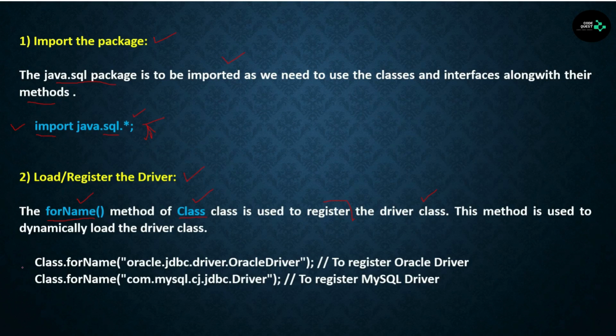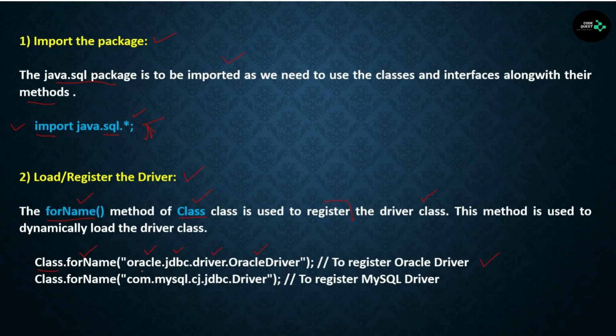You can see here, we write Class, the predefined class we have, and forName, the method name. For example, for registering the Oracle driver, I'll be writing oracle.jdbc.driver.OracleDriver.